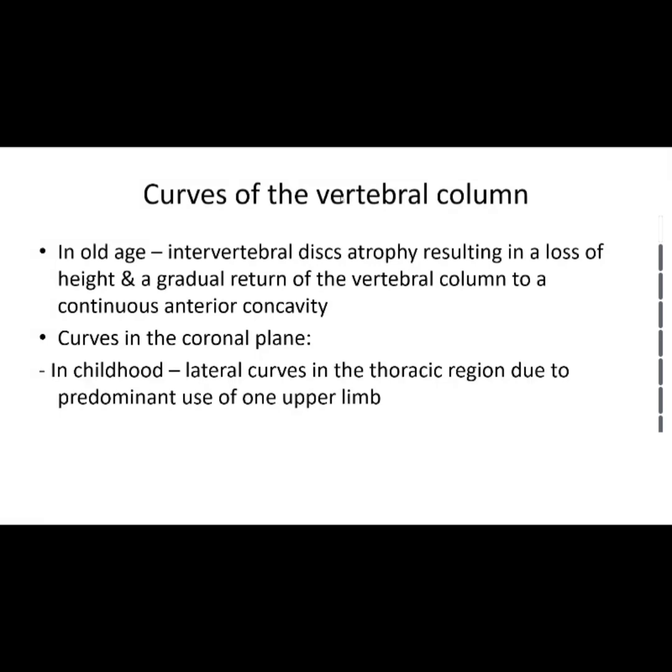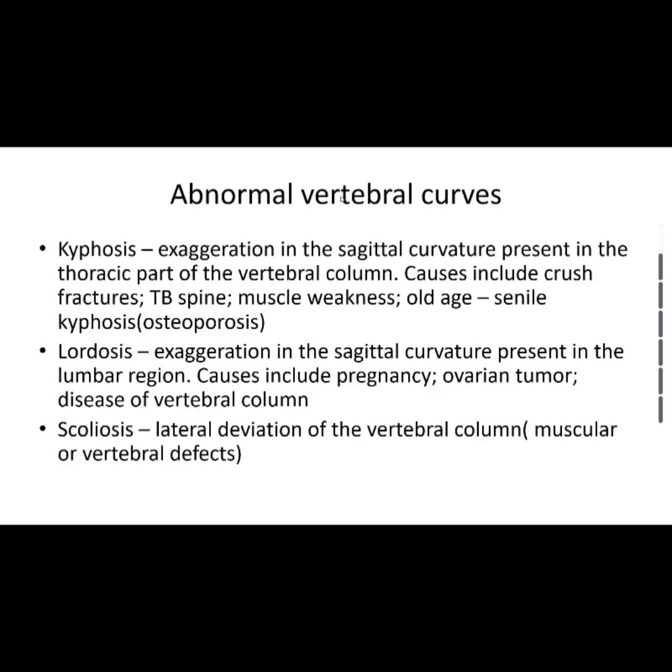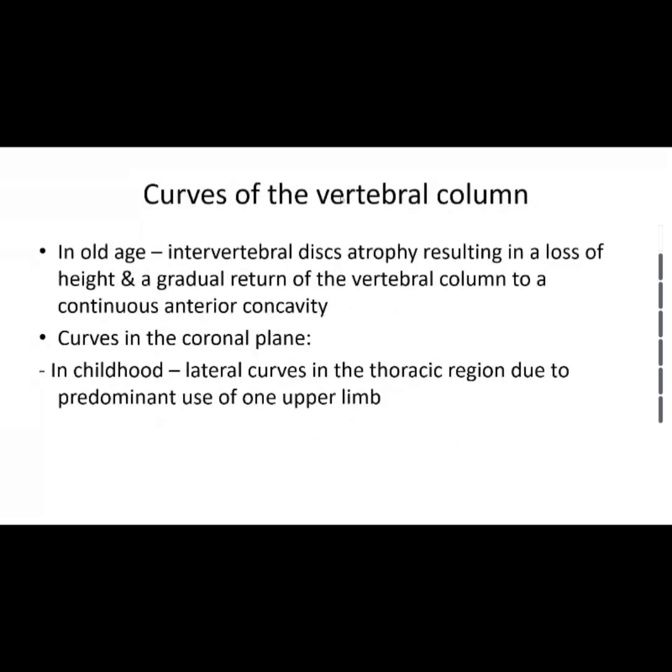If you look at them in the coronal plane, that is, looking at them from the front or from the posterior side, there are some curvatures that can be seen. In childhood, there are lateral curves in the thoracic region.